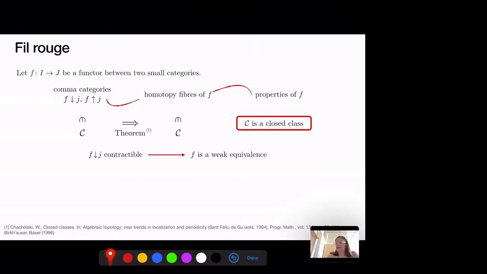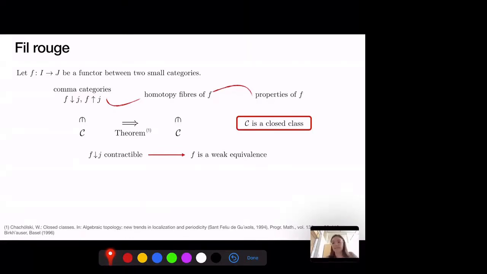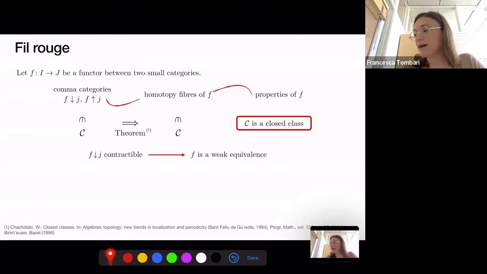For all j? Sorry? For all j's, you mean? For all j, yeah. Okay. Absolutely, that's important. Yeah, I avoided writing too many words with the risk of being imprecise, but yes.